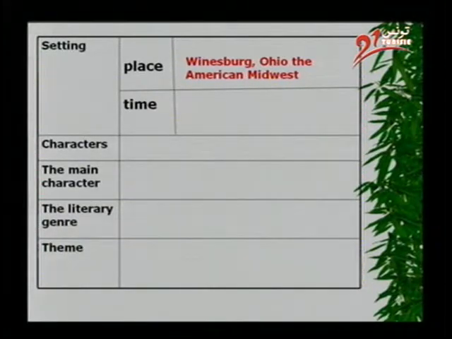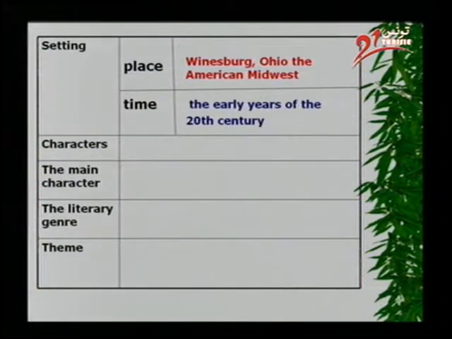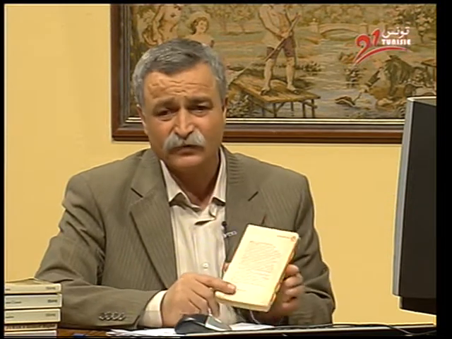When was this book written? Sometimes you do not have the exact date in the back cover of the book, but when you focus carefully on the names mentioned in the back cover, when this book talks about those people that we have mentioned as Steinbeck, as Faulkner, as those different writers.